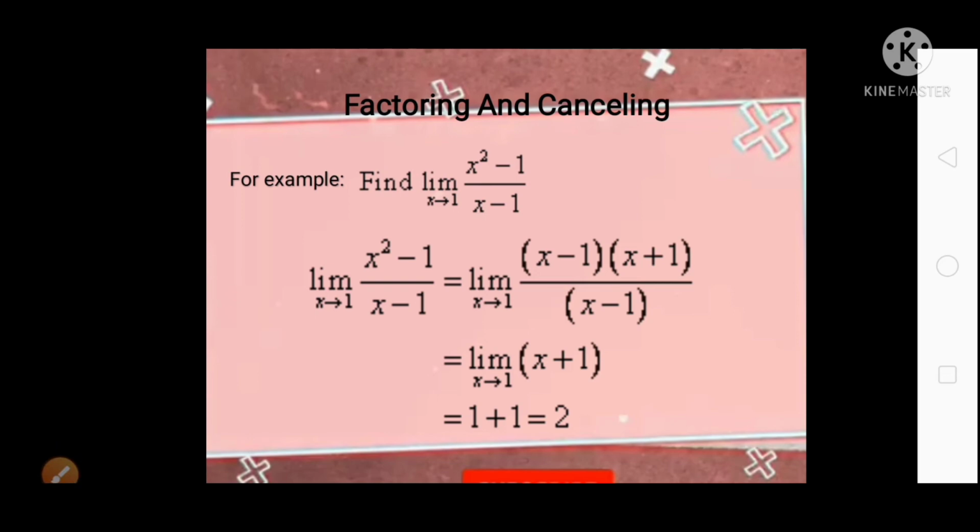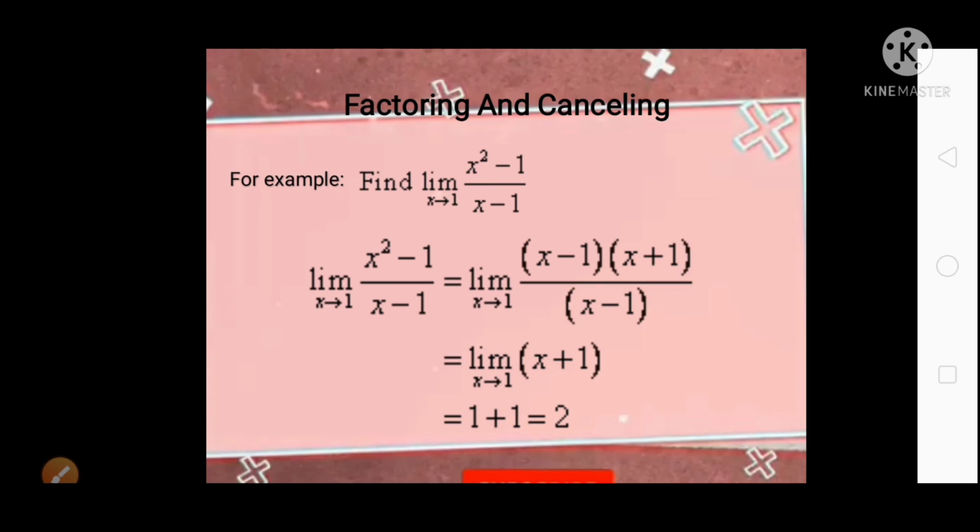Factoring and cancelling. For example, find the limit as x approaches 1 of x squared minus 1 all over x minus 1. So let's substitute.